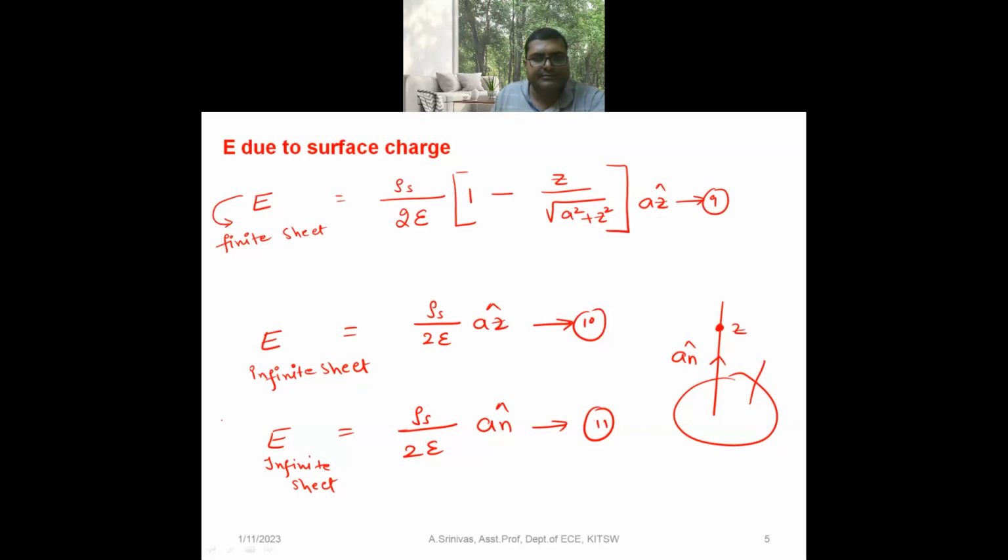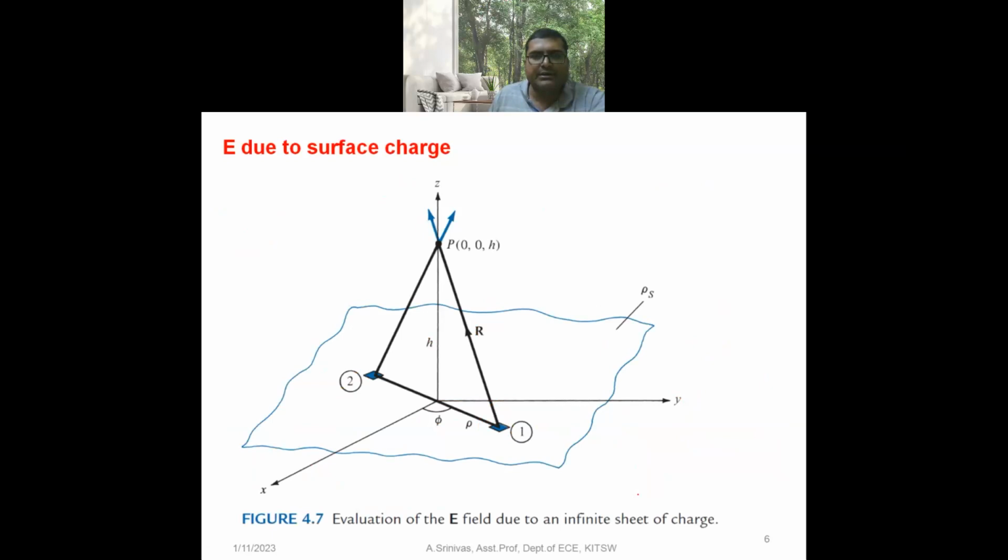Refer to the final equation. Once again, refer to the material available in the textbook.